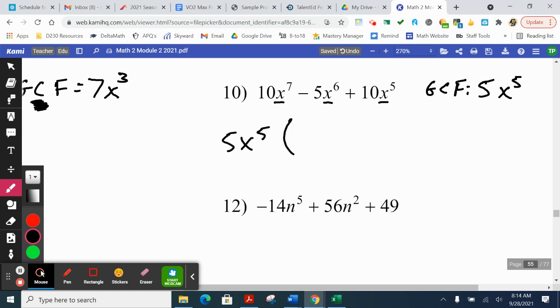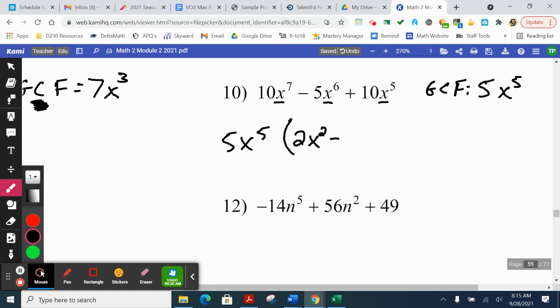So if you did that, hopefully you're on the right track and we get this right. If we then go to this next term here, what would be left over if I started with the 10, I pulled the 5 out? 2. And then how many x's would we have left over? Good. We would have x squared. We started with 7, pull 5 out, there's 2 remaining.